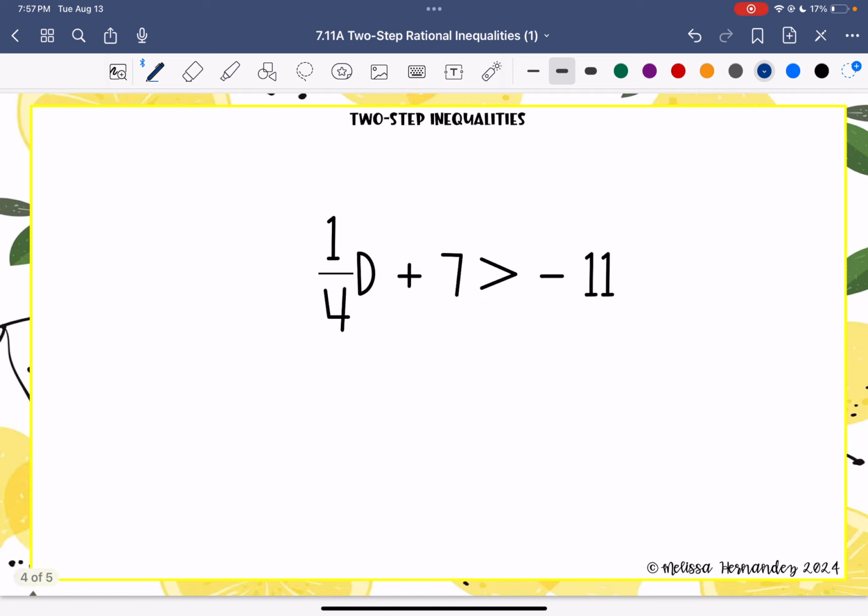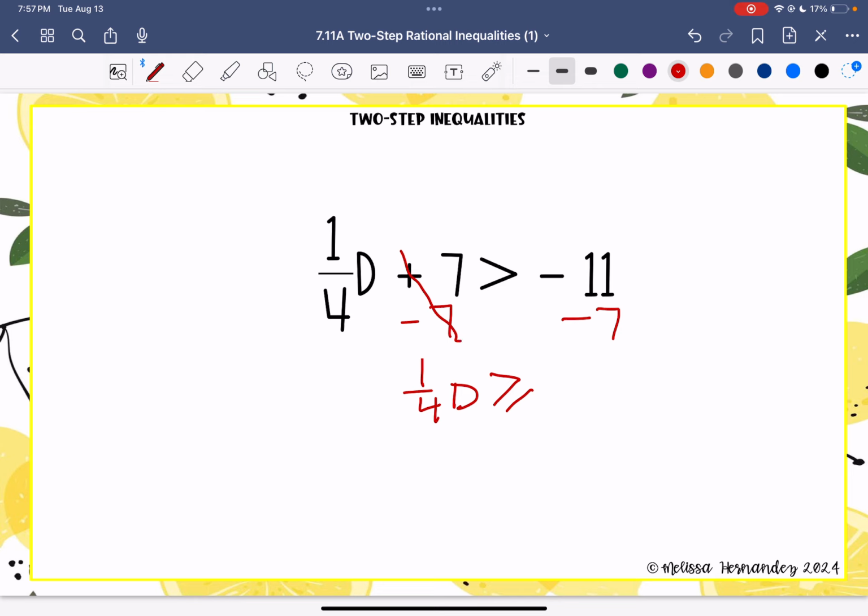All right. So for the next one, it's 1/4 times d plus 7 is greater than negative 11. So what we'll do is we'll get rid of the plus 7 with the opposite and subtract 7 from both sides. Okay, so now I'm left with 1/4 times d.